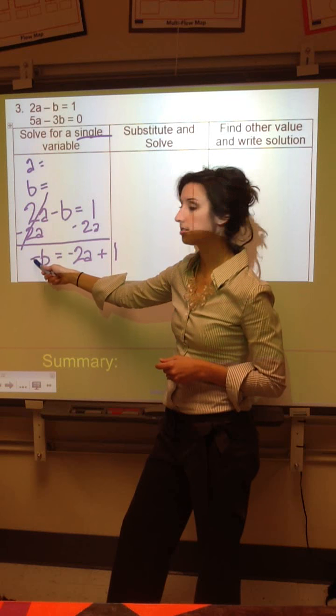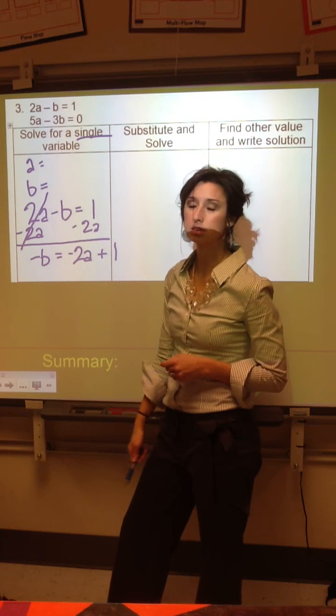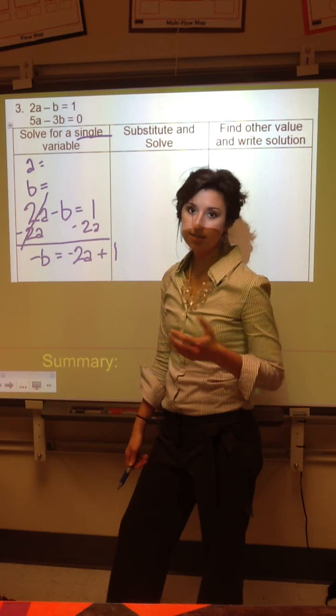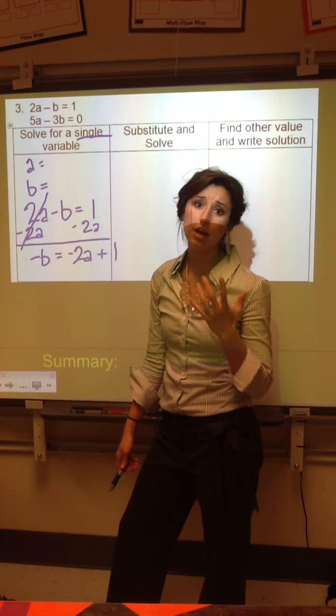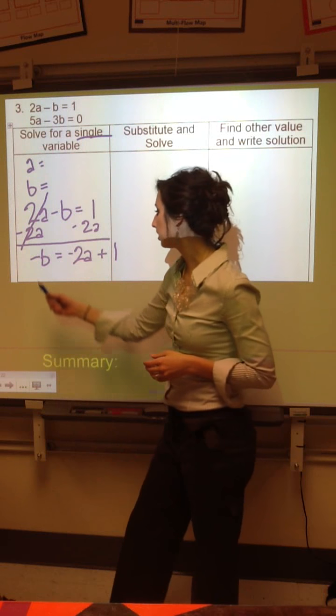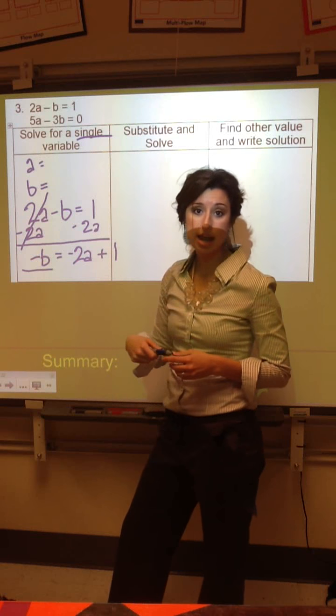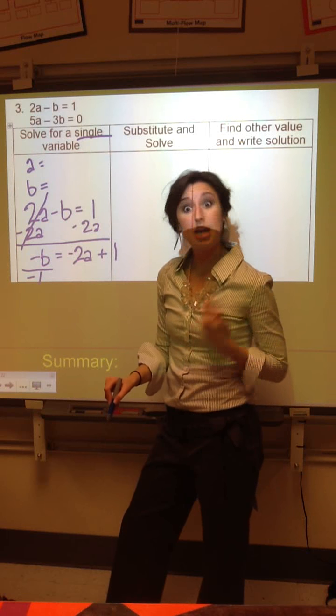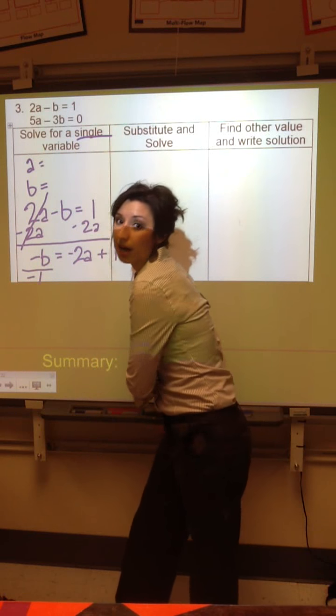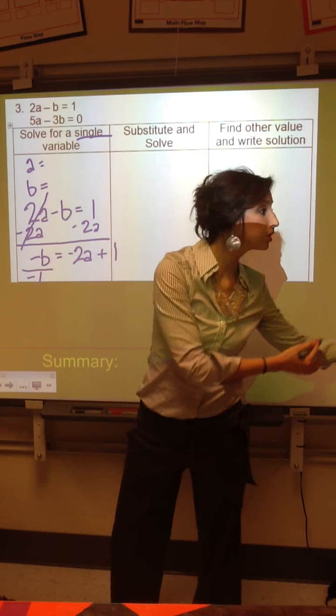But what is still in front of B? It's a negative, okay? Yes, I am dividing, but I'm not dividing by big numbers, so I'm not going to have fractions. What is the only thing I'm dividing by? How do I get rid of a negative? Divide by -1 every time. And if you divide by -1, you have to divide everything.